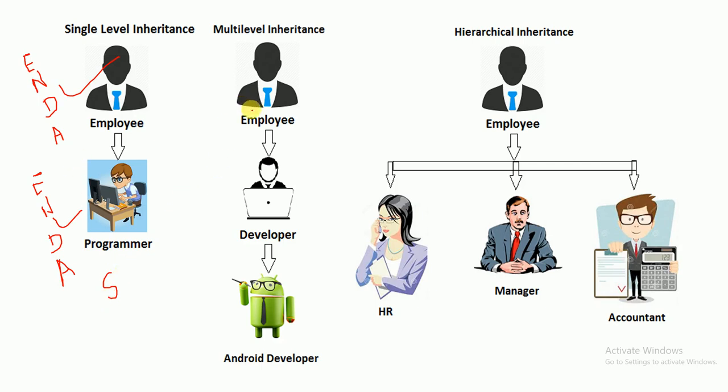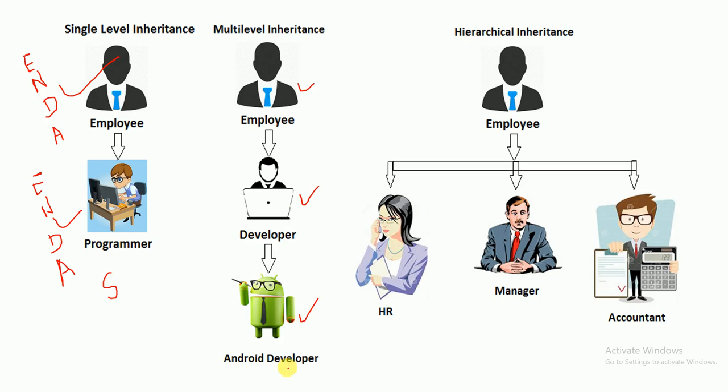Next is multi-level inheritance. In multi-level inheritance, employee is the base class from which developer is derived, and also Android developer is derived from the derived class of employee. So this is multi-level inheritance.